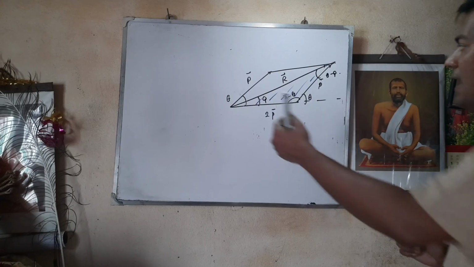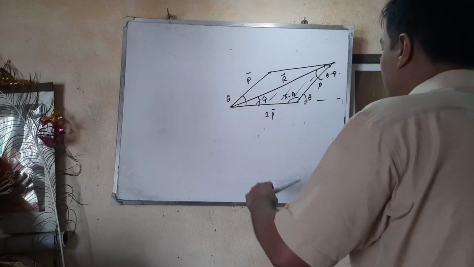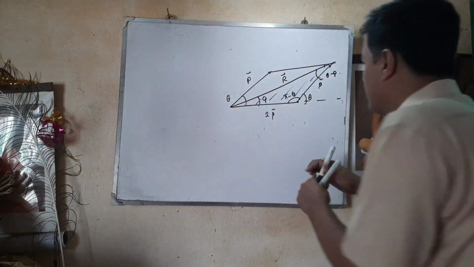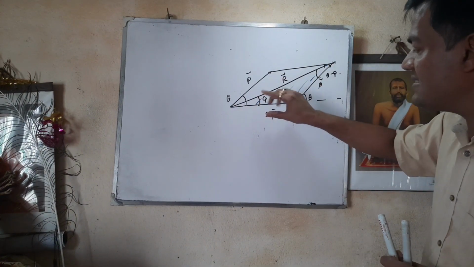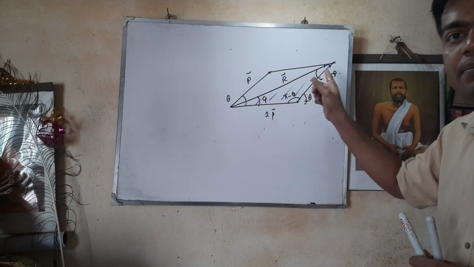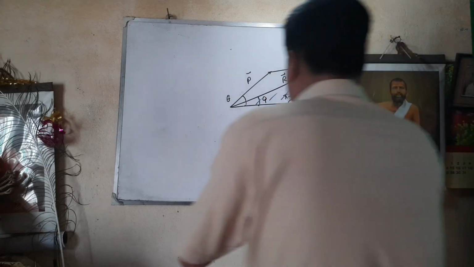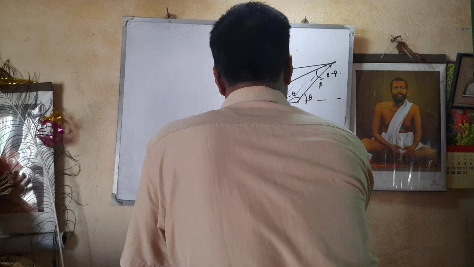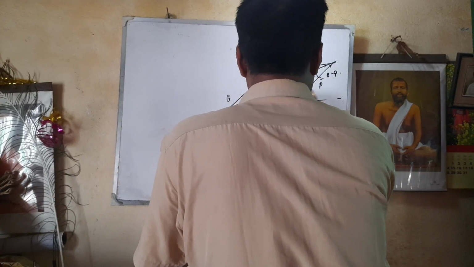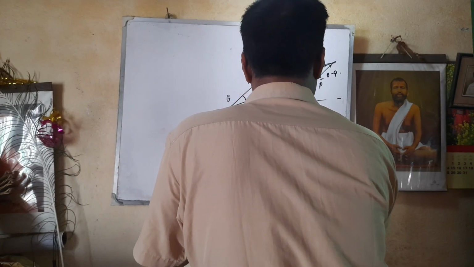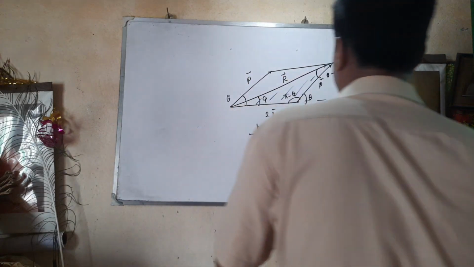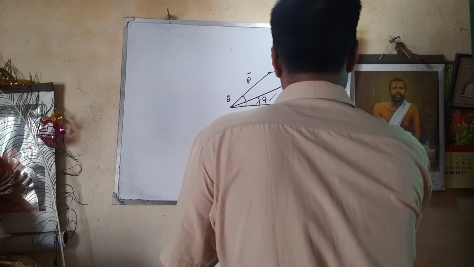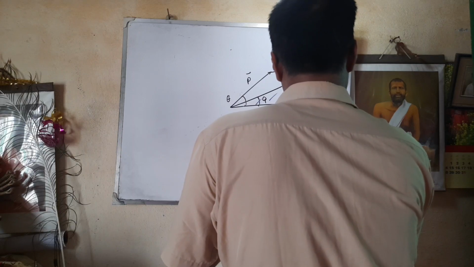Okay. Now, applying the sine rule of the triangle, the ratio of a particular side of a triangle to the sine of the opposite angle must be a constant. So, P by sine phi equals R by sine of pi minus theta, equals 2P by sine of theta minus phi.